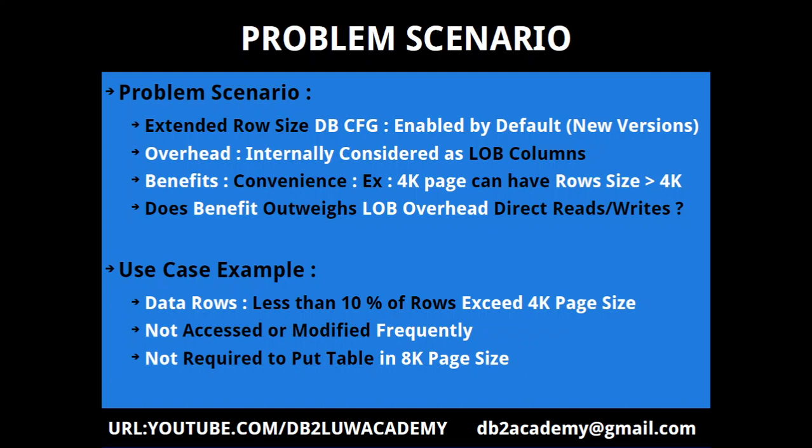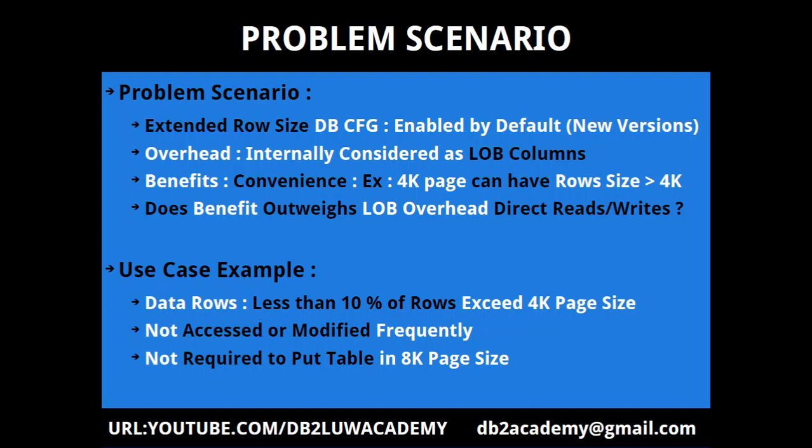Now, we all know that a LOB insert or LOB read is going to happen using direct reads or direct writes, which is disk IO. So they will bypass the buffer pool, which is the whole point of having a buffer pool. So now the question becomes whether the benefit outweighs the LOB overhead associated with enabling extended row size.